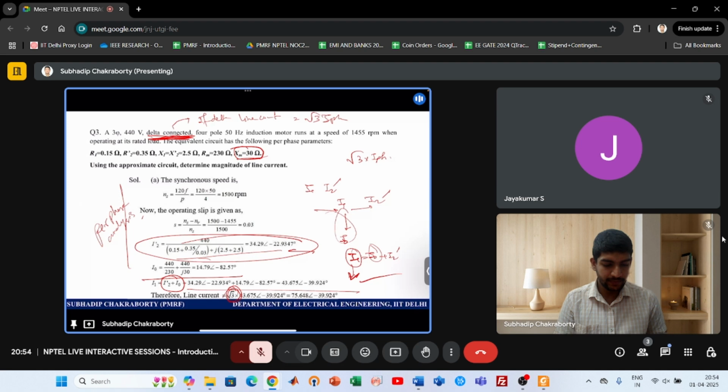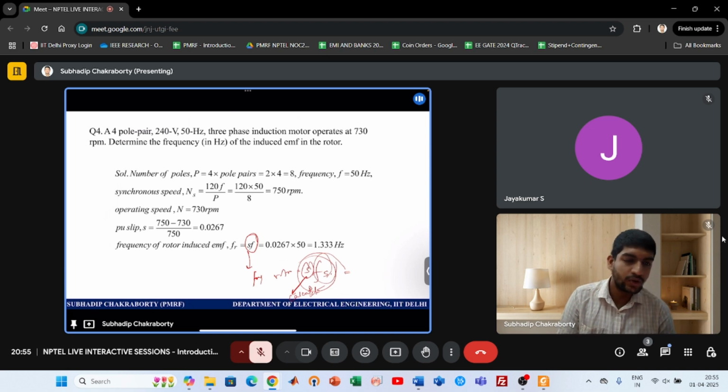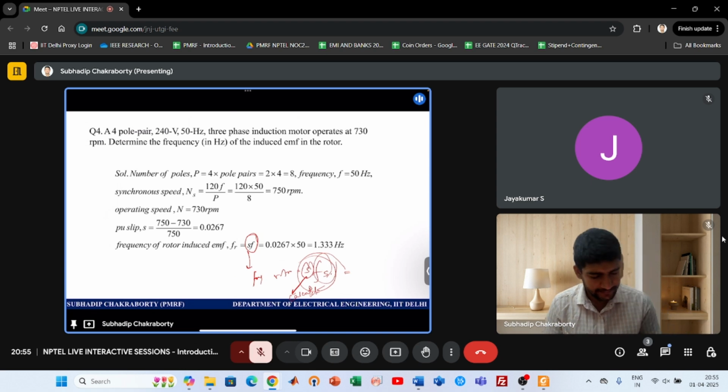Okay, let's go through the problems. And I already told you the frequency of rotor is nothing but the slip frequency of the stator, that is slip times frequency of stator. You calculate slip and multiply it by stator frequency, that will be the frequency of voltages and currents induced in the rotor.